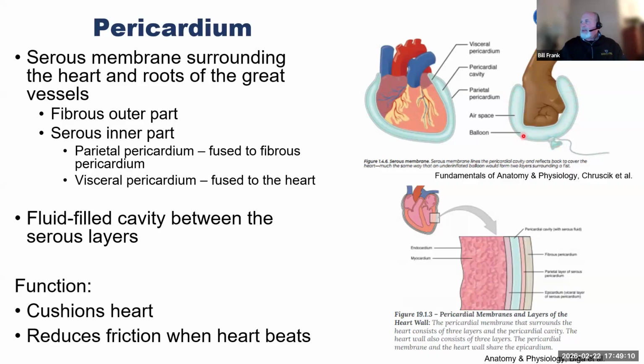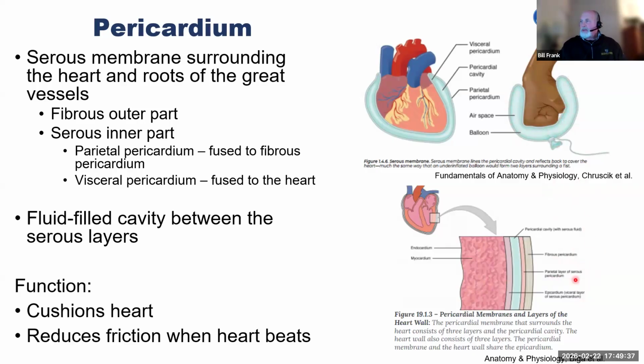So in between all of that is the pleural space or pleural cavity. So can you tell me another name for the serous visceral pericardium? That's great. Yes, it is also called the epicardium.